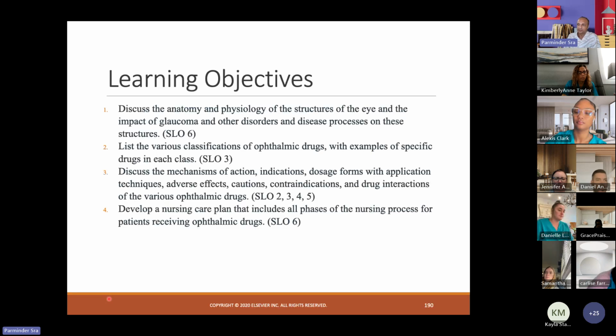So we'll talk about the common problems with the eye, the common drugs used, as well as anything important we need to look into, educate your patient on, and avoid if your patient is on any of those medications.